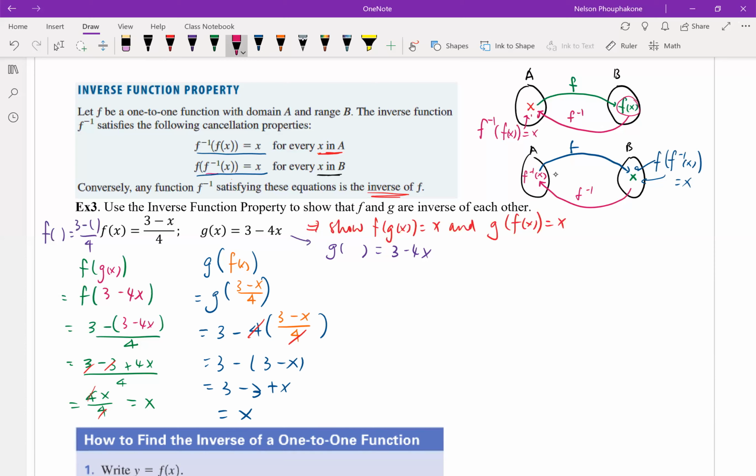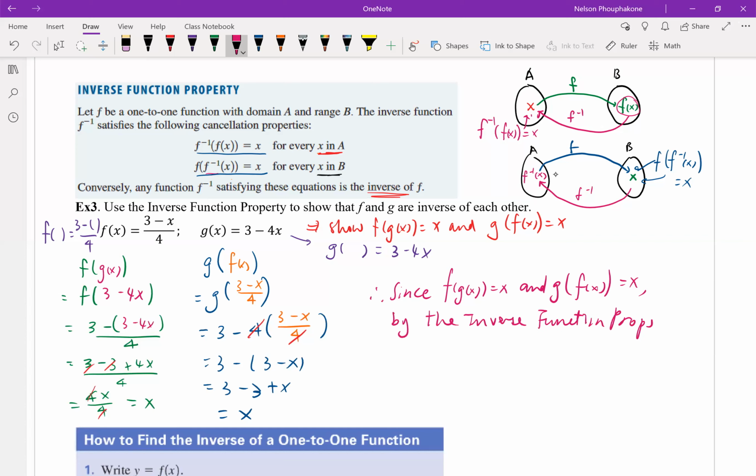Okay, so now what we just did here, we could say that f of g of x is equal to x, and g of f of x is also equal to x by the inverse function property. f and g, they are inverses of each other.